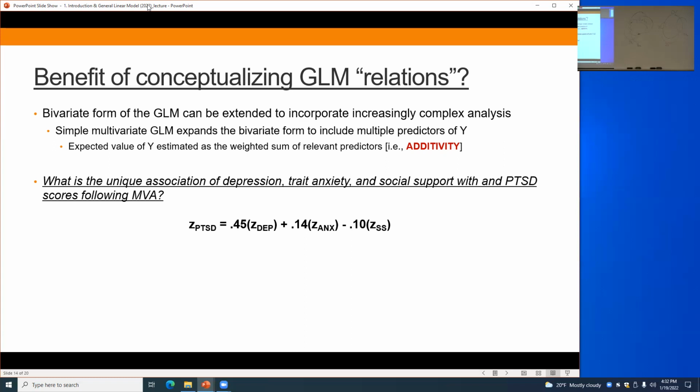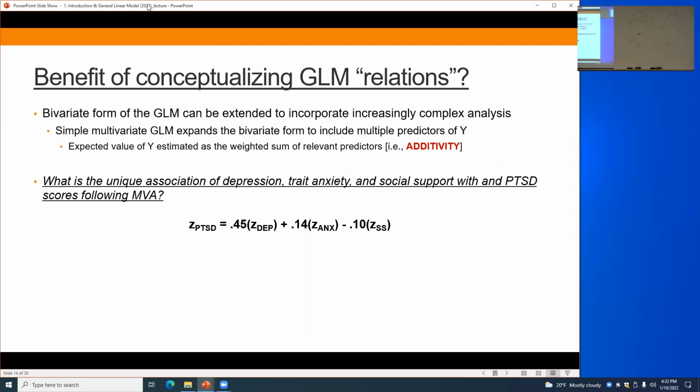Now, depression, anxiety, and social support are probably going to look more like that graph than that graph, so it's not an entirely efficient equation, but it's the type of thing we often do. Basically, we're seeing that as we add these additional predictors in, they're starting to add to the fit of my model.